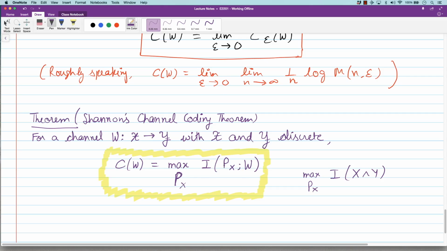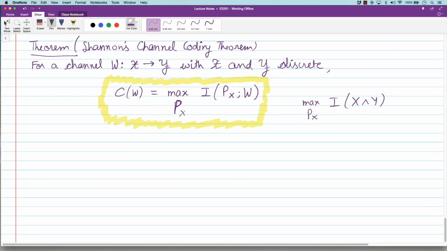Also, note that I(P, W) is a concave function of P. It's not strictly concave, but it's a concave function, and we are maximizing it.